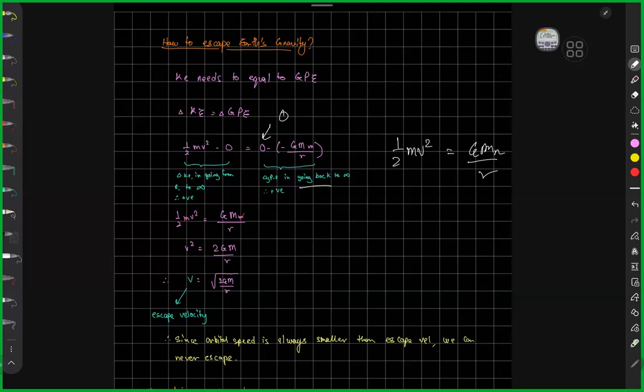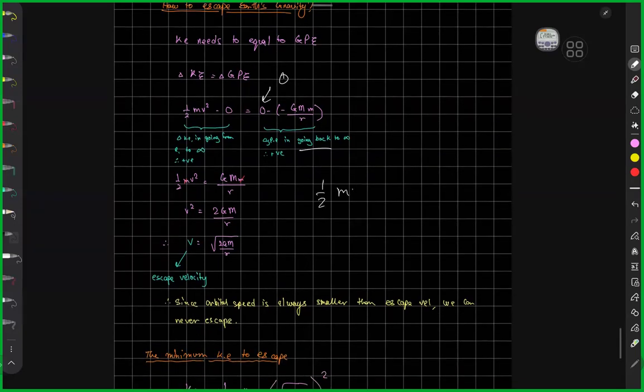Fair enough. So what is this velocity that we need? If you understand that my half mv square, or kinetic energy, must equal the GPE, then what is the V that I need? Let's make V the subject. Half mv square is GMm by r.